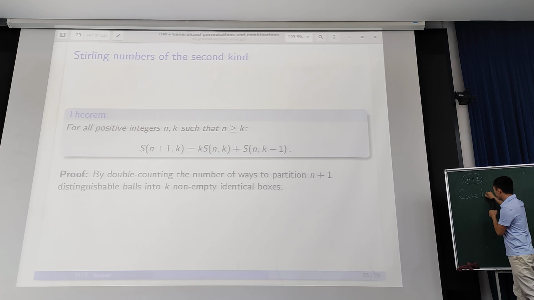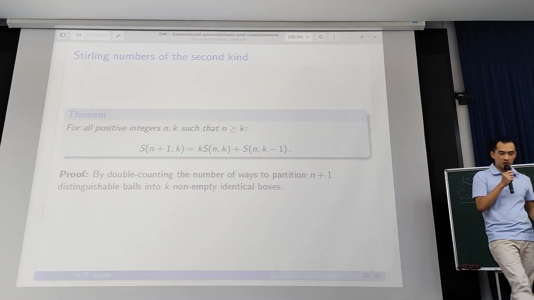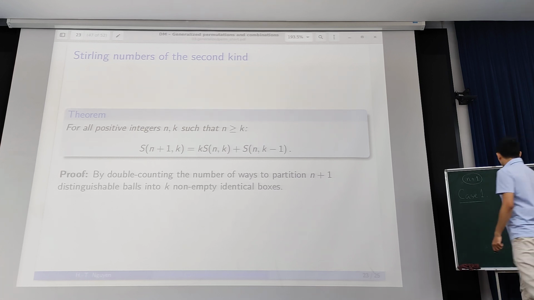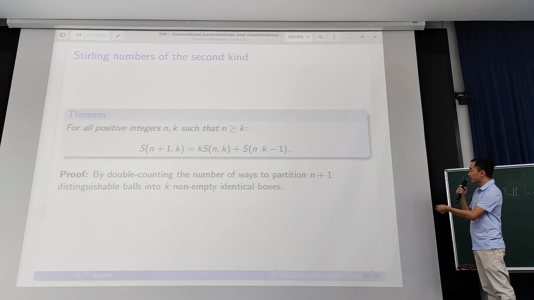So case 1, the ball number n plus 1 is in its own box. Okay? The first case is that this ball is in a box, and in that box there are no other balls. Okay? So the number of ways corresponding to this case, in fact, is the same as the number of ways to distribute the other balls into the remaining boxes.